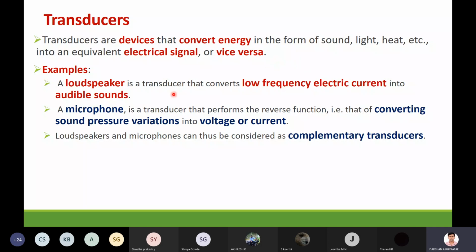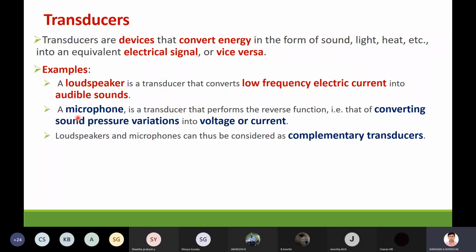Let me take an example: the loudspeaker. A loudspeaker is going to convert my electrical signal into sound energy. That is an example of a transducer. It converts one type of energy into another form. Here the input is electrical energy and it is converted into sound energy in the loudspeaker.